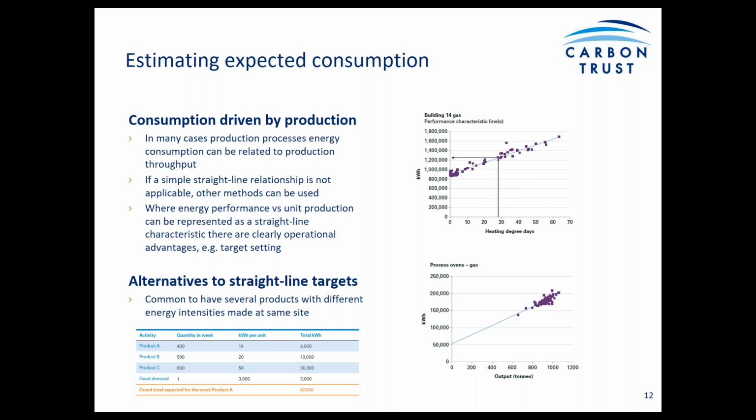For example, on the slide here in the table at the bottom, we can see that weekly kilowatt hour consumption has been calculated by adding up the expected consumption required to produce a volume of products A, B, and C, as well as the fixed demand, i.e. the consumption that will occur independently of any of the production of products A, B, or C.